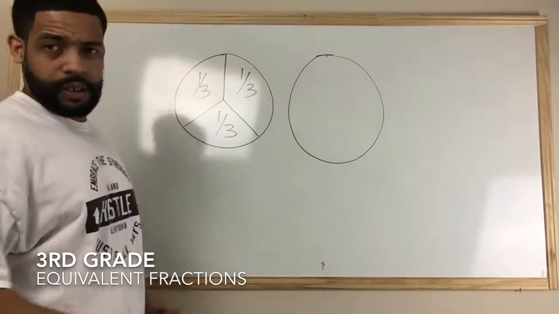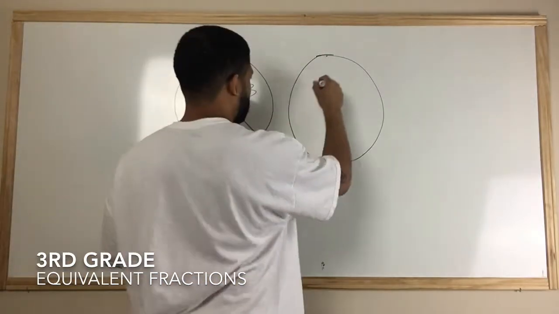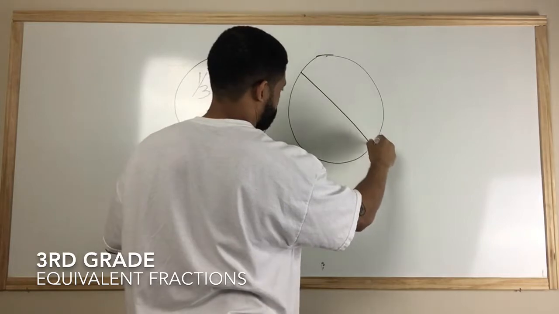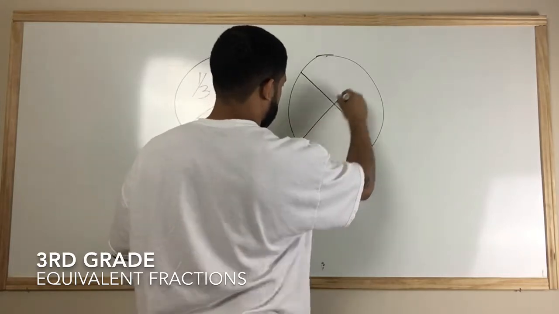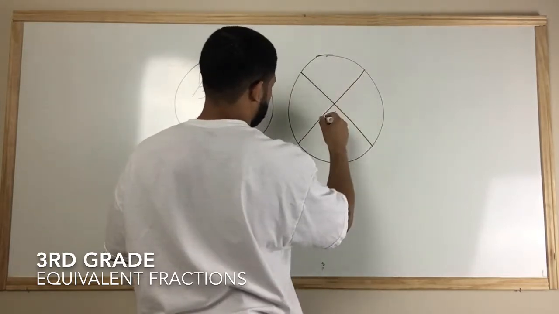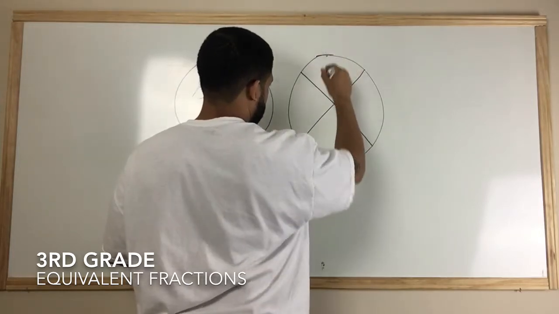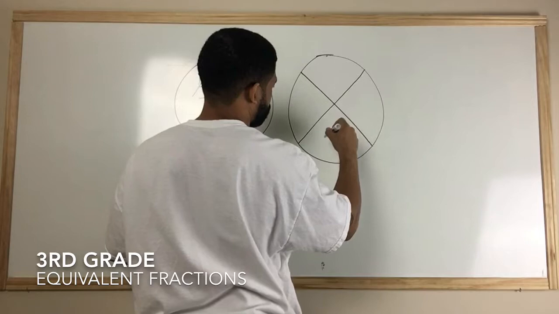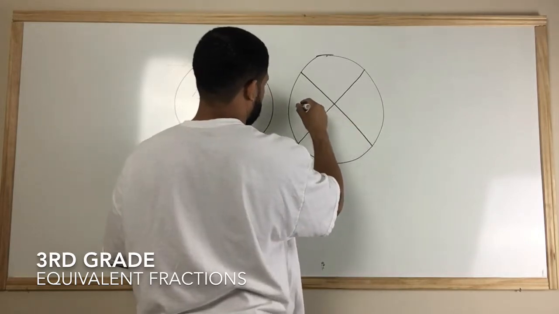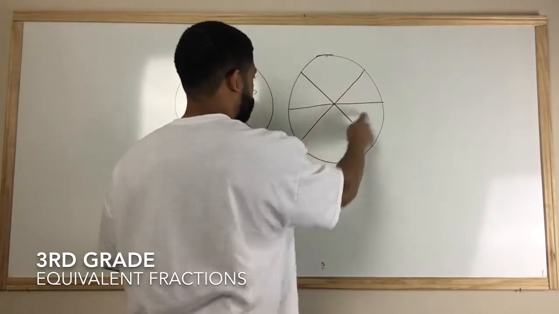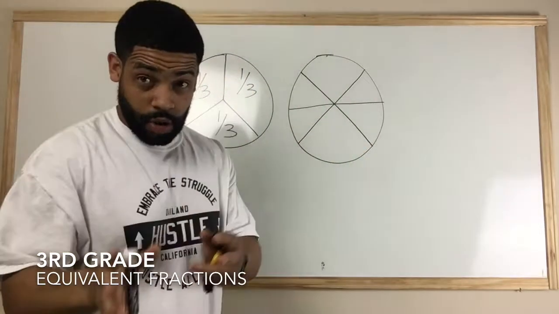I have 3 pieces. Now this one I'm going to break into 6 pieces. All right, 1, 2, 3, 1, 2, 3. Now we're going to pretend that they're all the same size.